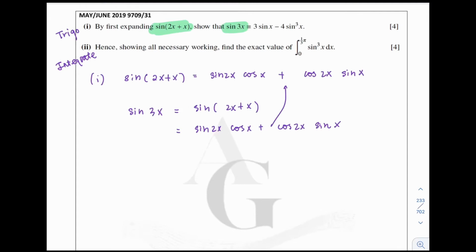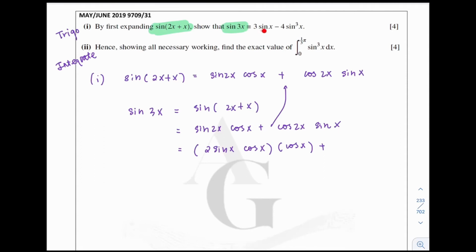We use the double angle formula, which is also provided in the formula list. For sin 2x, the double angle formula is 2 sin x cos x, then multiply with cos x, plus, for cos 2x, if you refer to the formula list, there are actually 3 different formulas, so it's up to you which one to use.